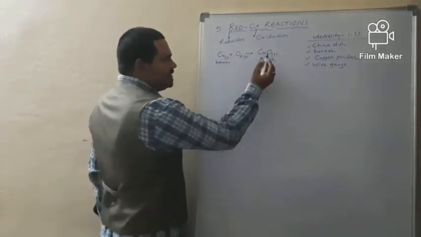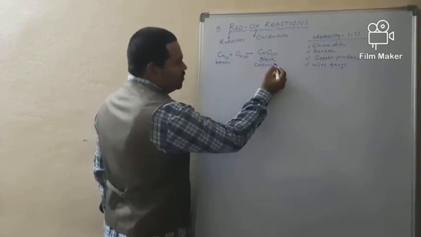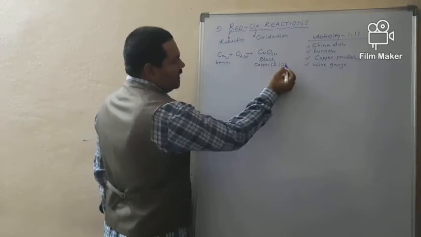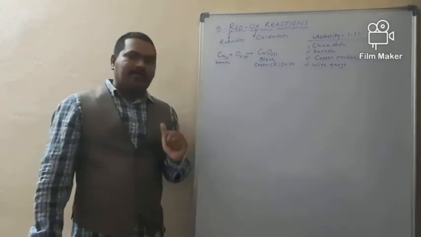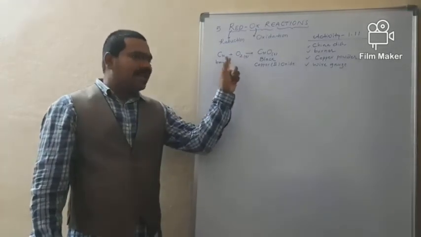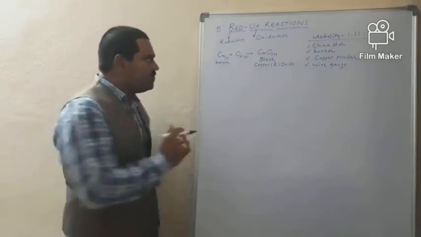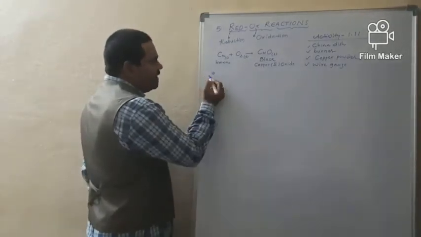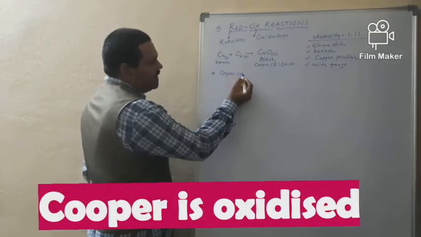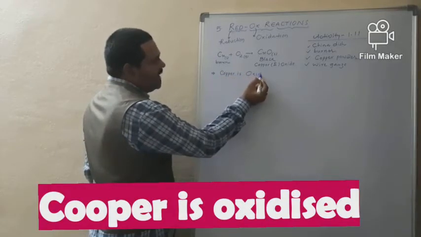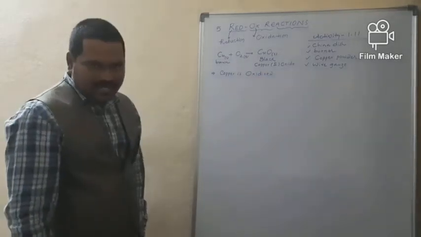So, what is the name of this compound formed? Copper(II) oxide. Now, once you observe, to this copper, what substance is added? Oxygen. That's why here you can say that copper is oxidized. So now tell me what is meant by oxidation.